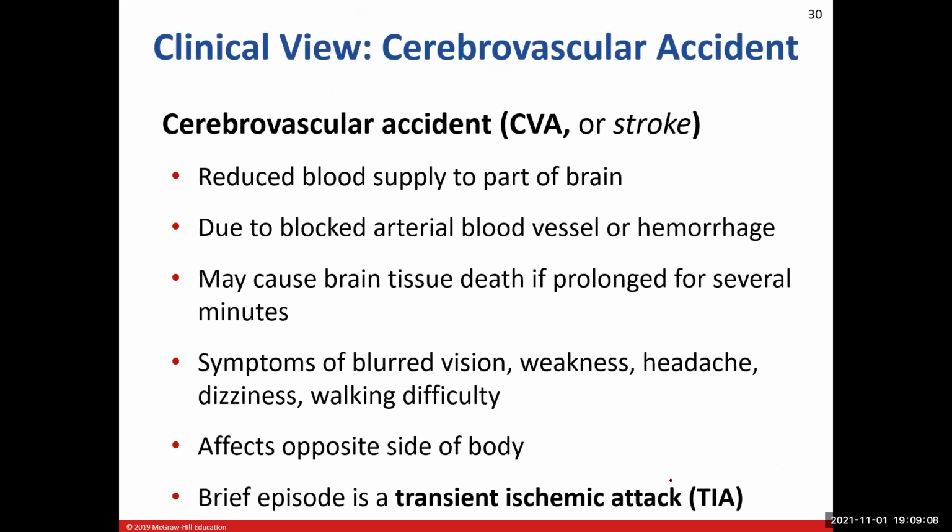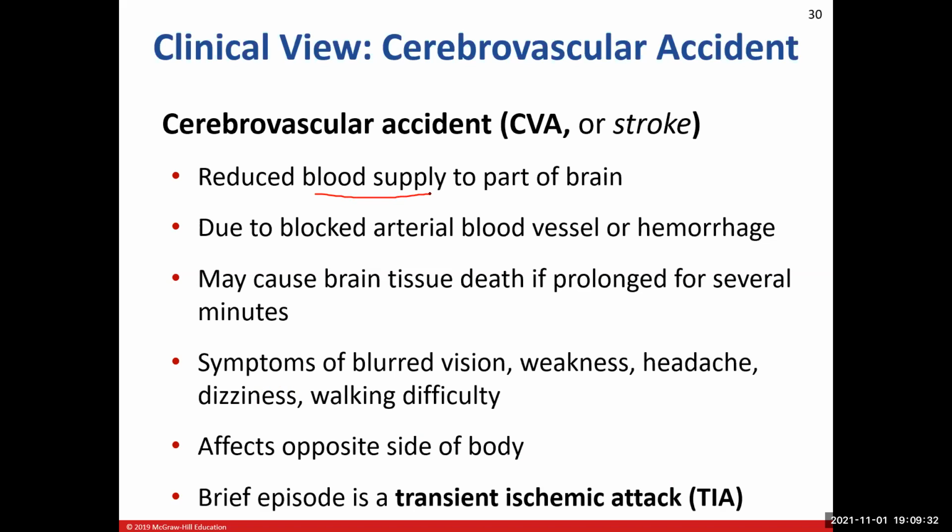The other item that I'd like to talk about is a stroke, or cerebral vascular accident, or CVA. A stroke is pretty much going to be a reduction or a complete occlusion of the blood supply to a specific part of the brain. A lot of the symptoms from a stroke will tell you what part of the brain was affected.